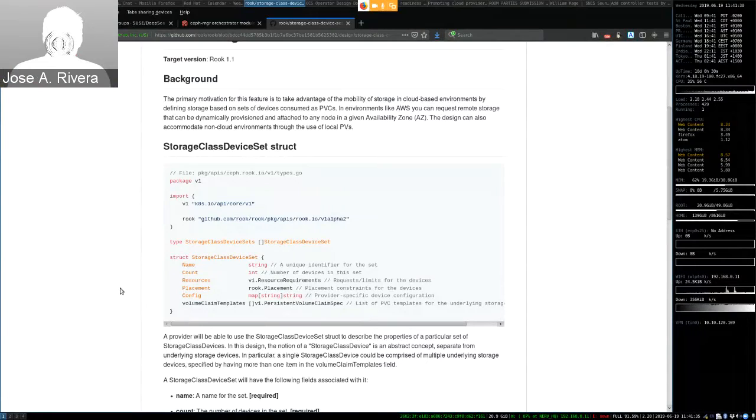So that for this struct, which is generic across Rook, we don't do resources and placements, but when we're defining OSD stuff, we do.